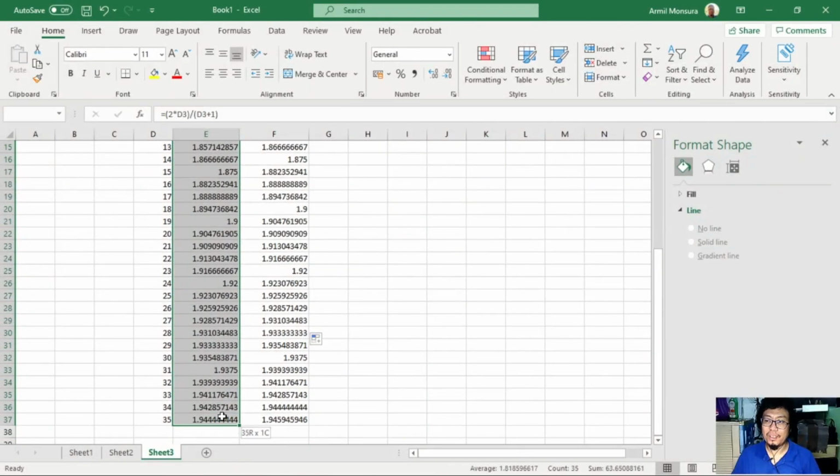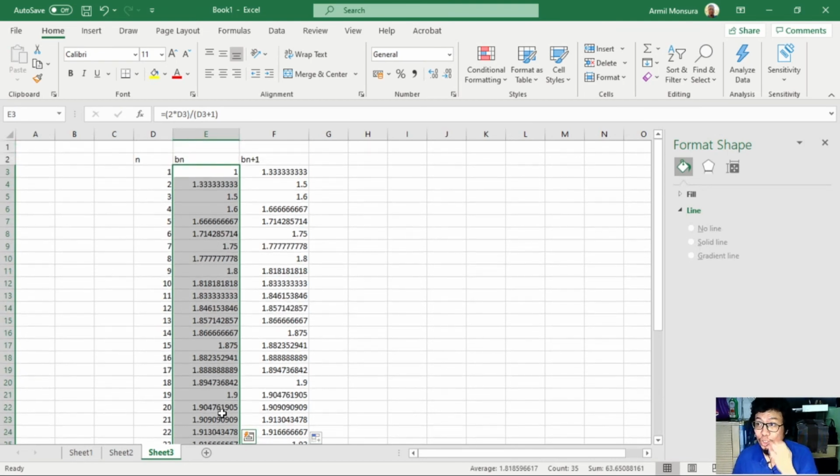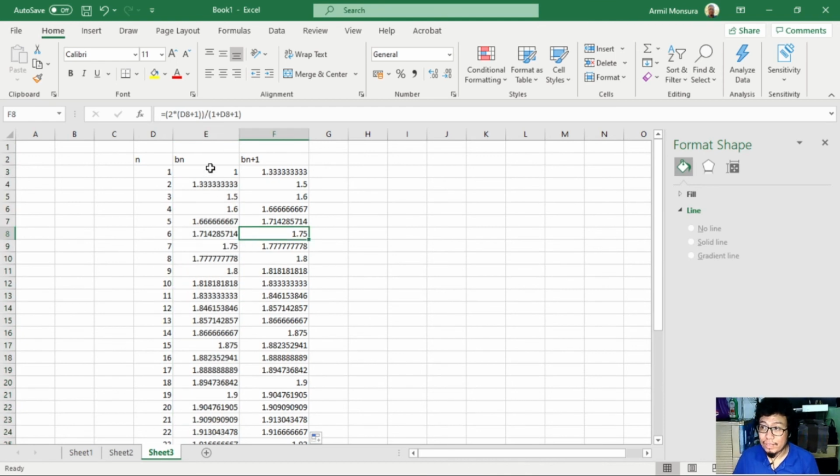If the numbers are increasing, then that sequence is monotonically increasing, while if it is decreasing, that sequence is monotonically decreasing. So in this case, it is monotonically increasing. What we do is compare term by term. Here we see that the terms are increasing, or the present term is less than its next term.